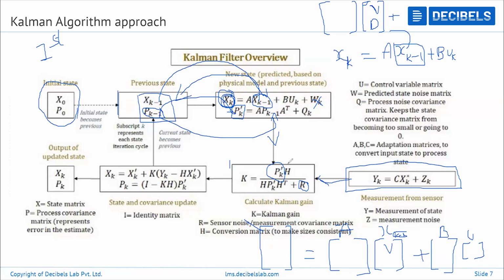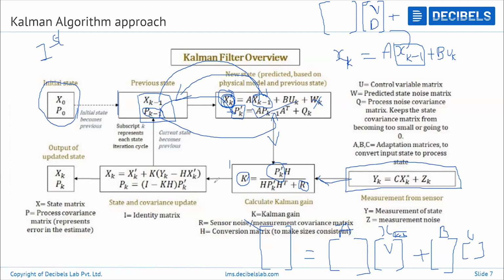So with these values, based on my noise and the covariance matrix, I'm going to get a gain value. With this gain value, I can say that this much weightage has to be given to the measurement, and some amount of weightage has to be given to my predict step.